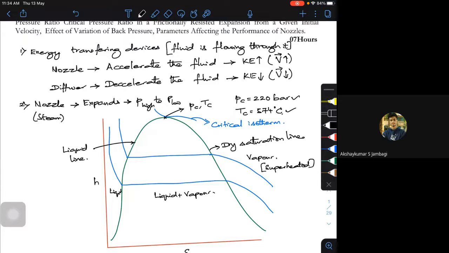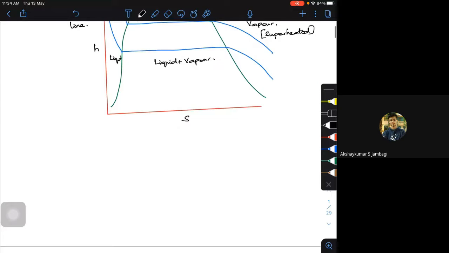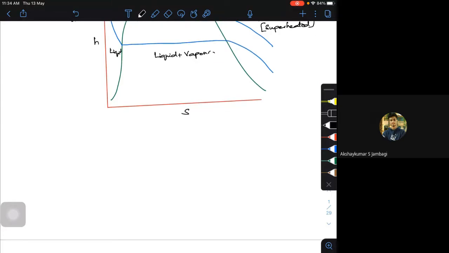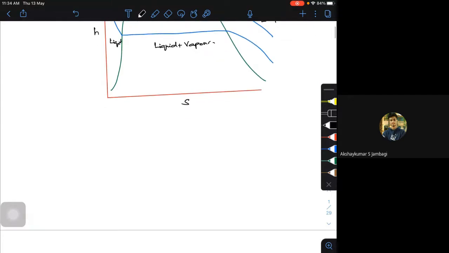Now when you come to classification, or what we call types of nozzles, what are the different types of nozzles? If you look at it with respect to the geometry, we have three types.